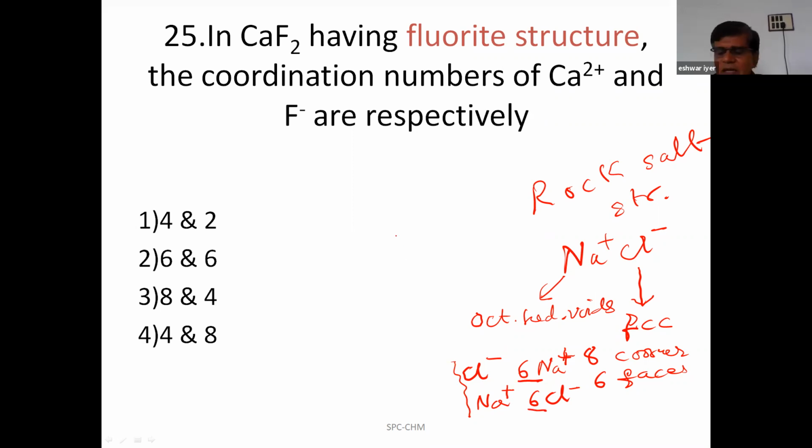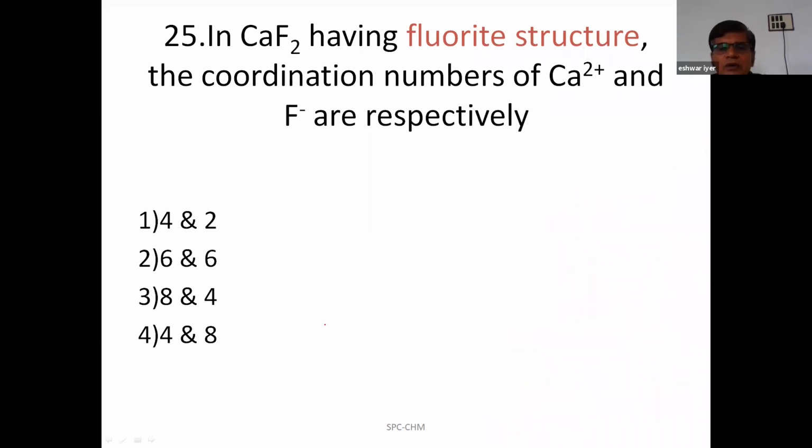But look at the formula of calcium fluoride: CaF2, which is 1:2, so that structure is different from rock salt structure. This is called the fluoride structure, and I will show it. The calcium plus 2 ions occupy FCC positions, that is, the 6 faces and 8 corners.